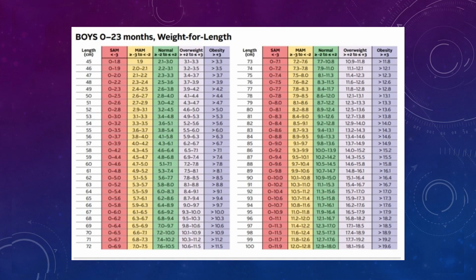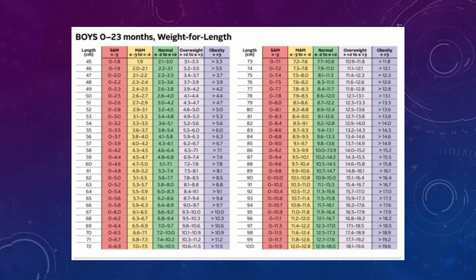Now, this chart is suggestive of the weight for length of boys, that is for the male child, in the age group between 0 to 23 months. This chart shows us whether there is severe acute malnutrition or moderate acute malnutrition, whether the child is overweight or obese, along with the normal range.